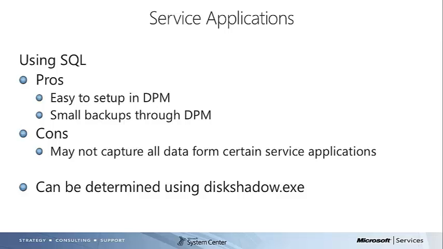The cons to this is that it may not capture all of the data. You may have a database, but it's also relying on a folder structure that the service application installed. Or it could be that the service application has some registry keys that it requires.